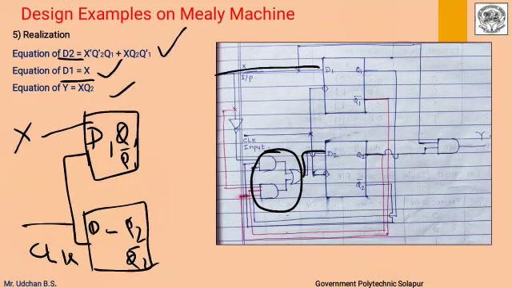After that the value of y is x q2, so for this AND gate, the input x and q2 are given over here, so we will find the value of y as x q2. This is how we can realize the state machine from the given state diagram.